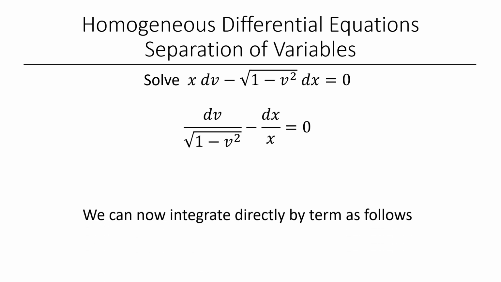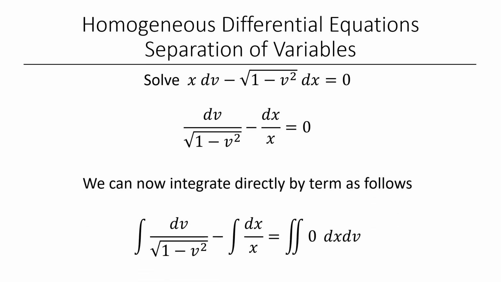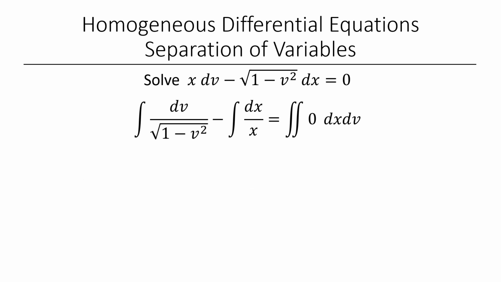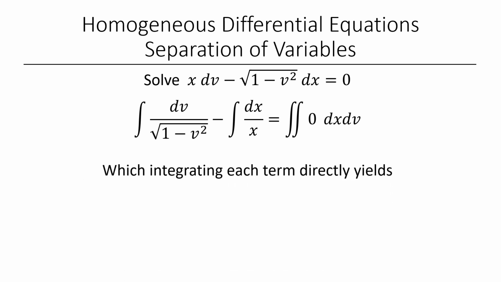So with this equation in this form, we can now integrate directly term by term. And remember, for completeness, we're integrating the 0 as we assume that that comes from some constant that we could determine if we had boundary conditions, but we don't. So when we integrate this term by term, we end up with arc sine v minus natural log x equals some constant.